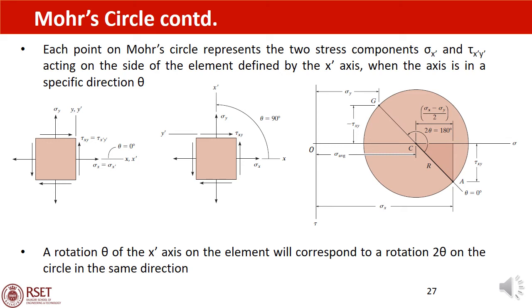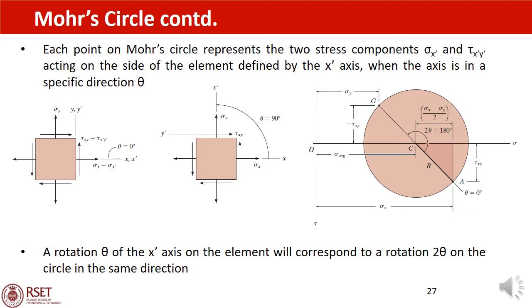For example, when x dash is coinciding with the x axis as shown in the figure, then theta is equal to 0 and sigma x dash equal to sigma x and tau x dash y dash is equal to tau xy. We will refer to this as the reference point A and plot its coordinates on the Mohr circle such that A has the coordinates sigma x and tau xy.